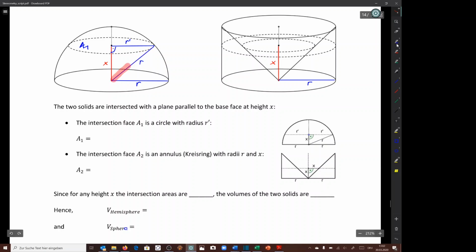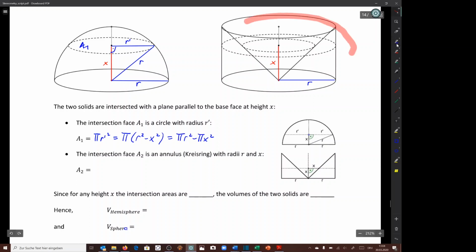It is the radius r of the hemisphere, and hence we can find r dash using Pythagoras. And we get that this cross-section area A1 is pi r dash squared, which equals pi times r squared minus x squared. Expanding this, we get pi r squared minus pi x squared.